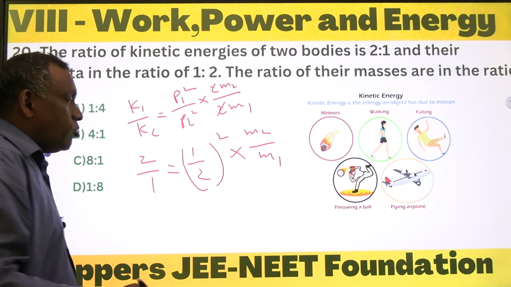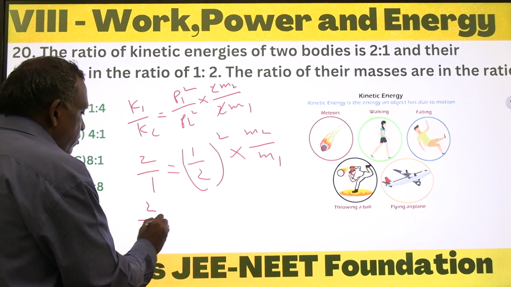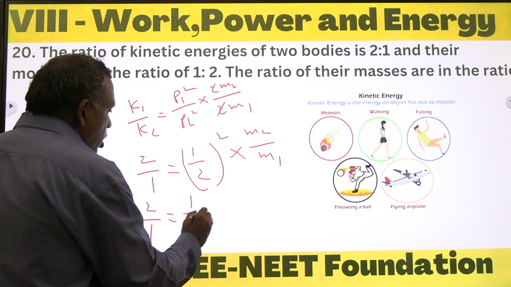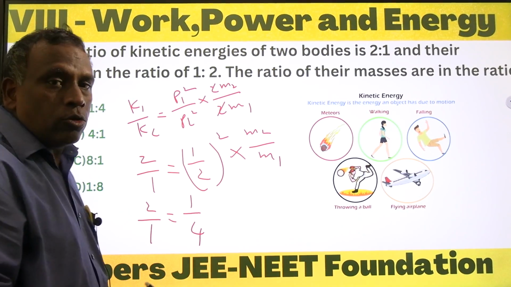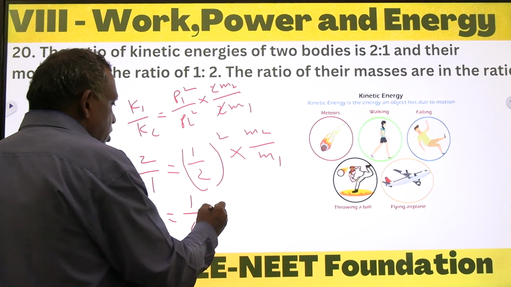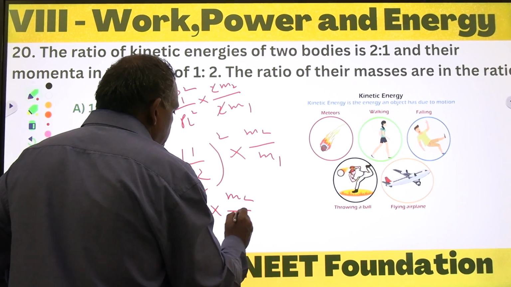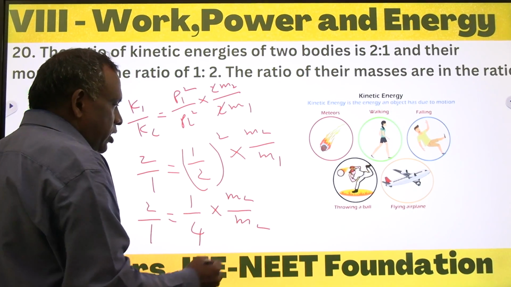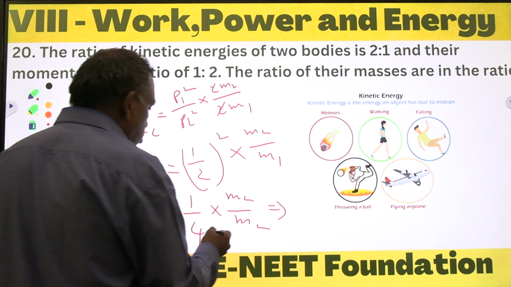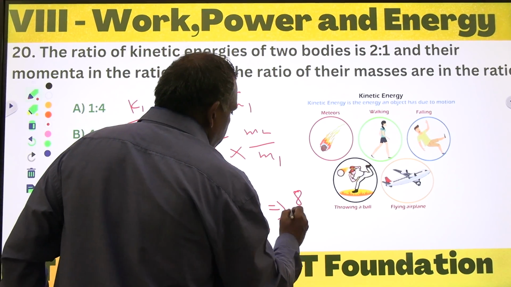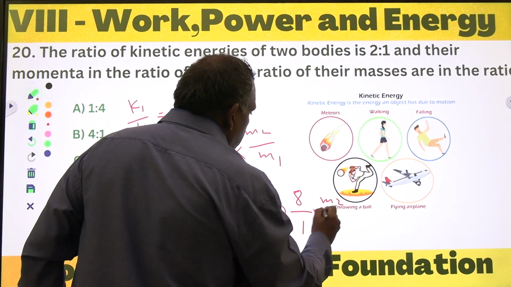So now try to find out. 2 upon 1 is equal to 1 upon 4, since 1 by 2 whole square is 1 upon 4, into M2 upon M1. If you take this to the other side, 4 into 2, 8 upon 1, that is M2 upon M1.